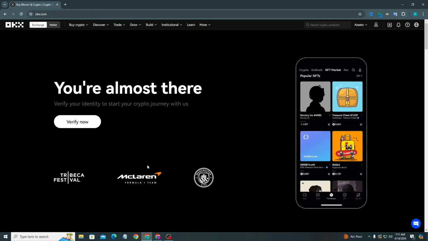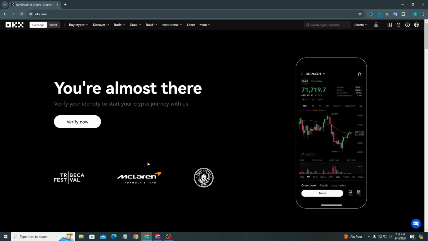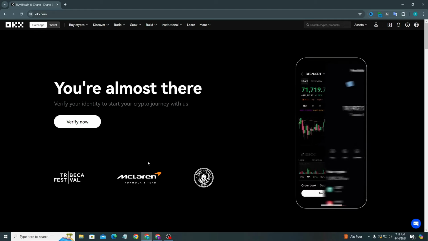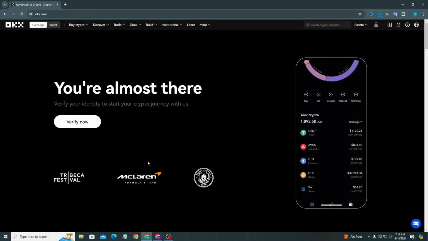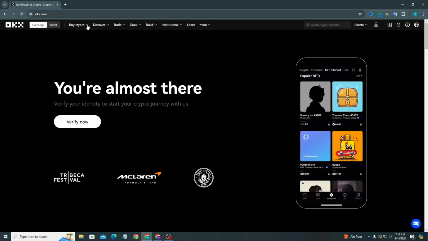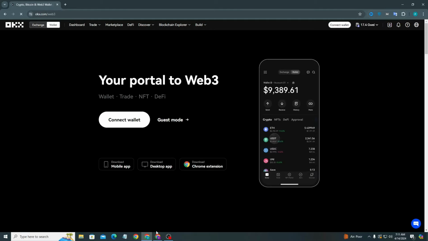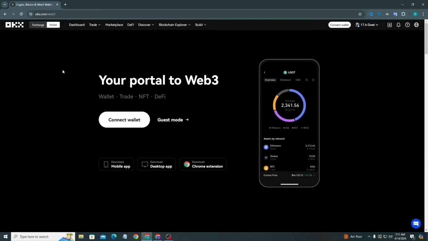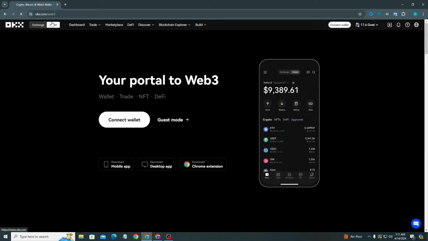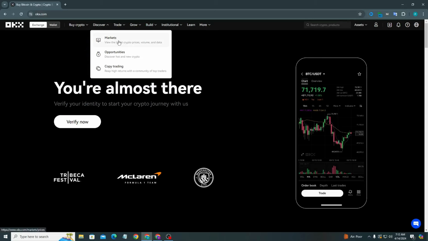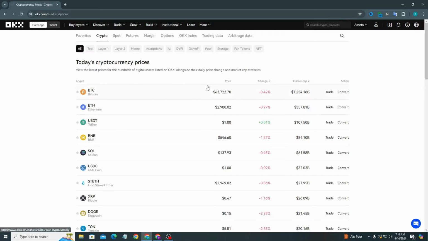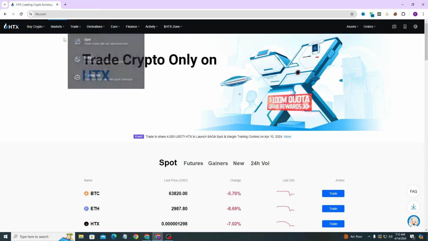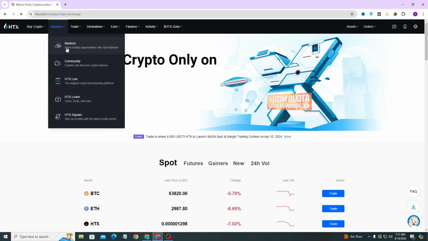People are investing on the platform, so it is your responsibility to make the user interface very simple. After that, OKX provides a wallet, but HTX does not provide a wallet, meaning a mobile wallet.